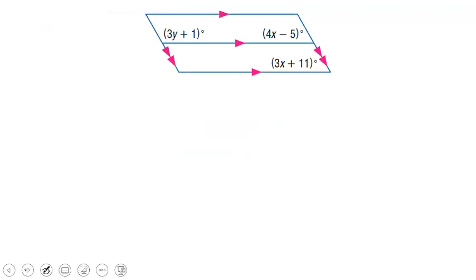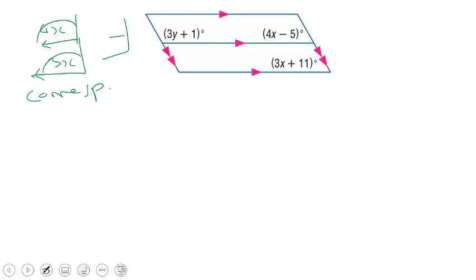Okay, so we're starting with x and x. If I look at my x angles, I have 3x here, and then I have 4x here, and these lines are parallel with each other. So this angle and this angle create an upside down F, and we know that the upside down F is corresponding.